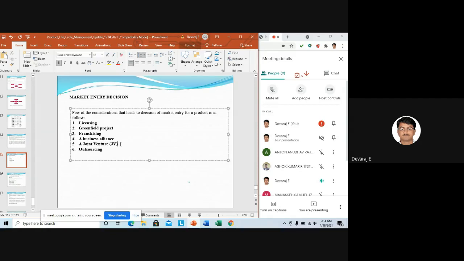After generating the revenue, they will distribute the revenue. If three companies or three parties are combining each other, they will divide the revenue by three. That is called the joint venture. The maximum, if you go for a company, they will do this joint venture.